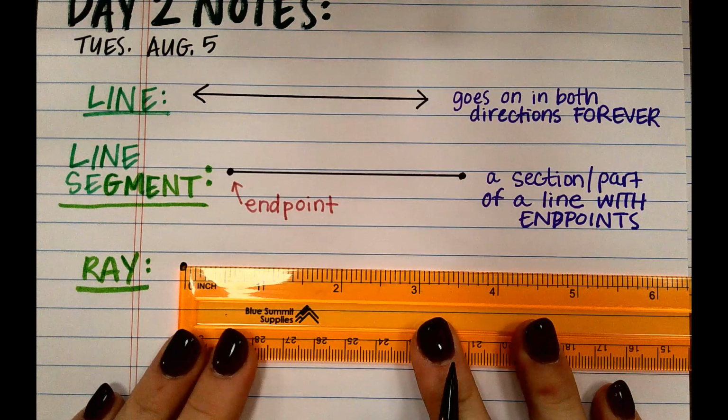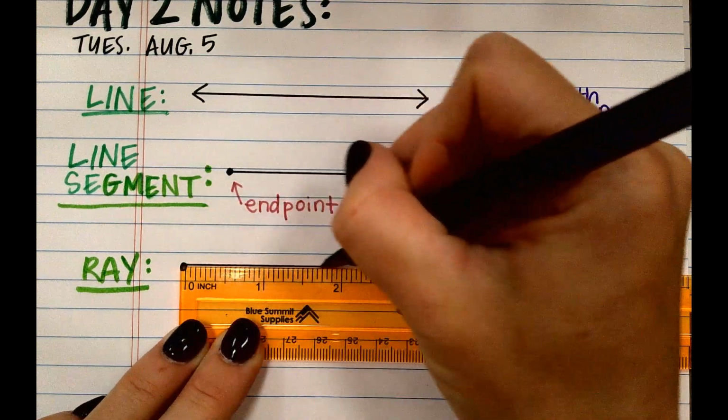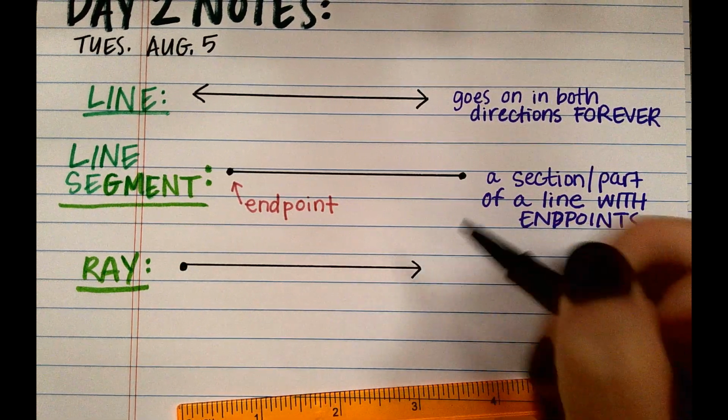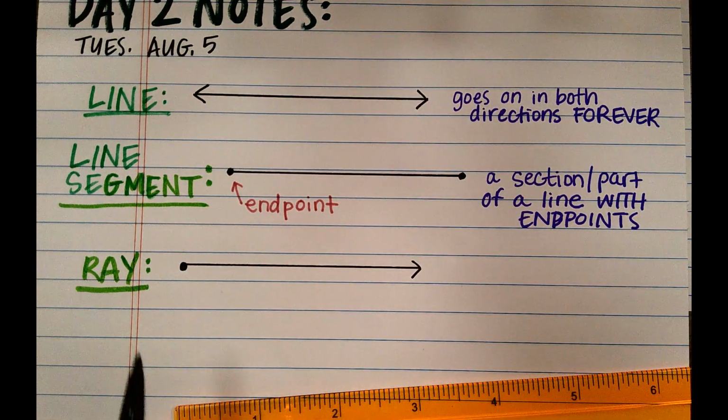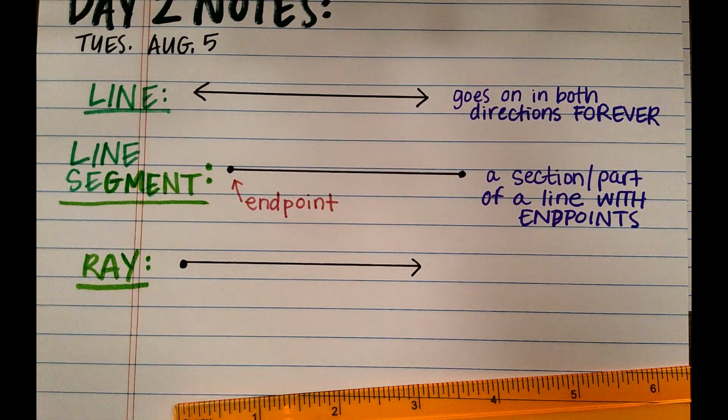Then we will draw a line, and we need to put an arrow on the other side. This is a ray. One end point, one end goes on forever.